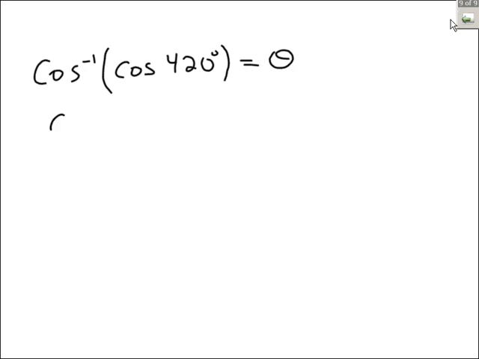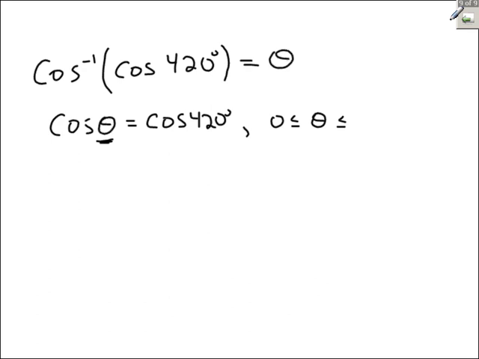And we know that the cosine of the angle theta is equal to the cosine of 420 degrees, and the angle is in between 0 and 180, because that's the range for cosine inverses. And of course, 420 is not in there.